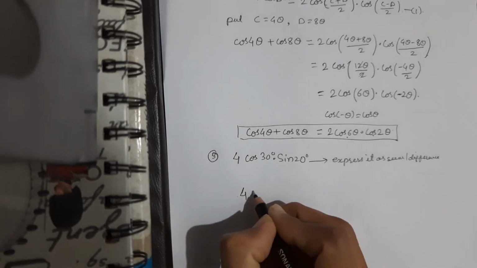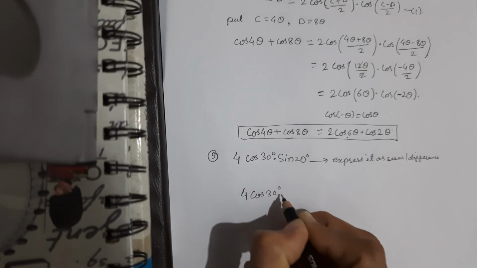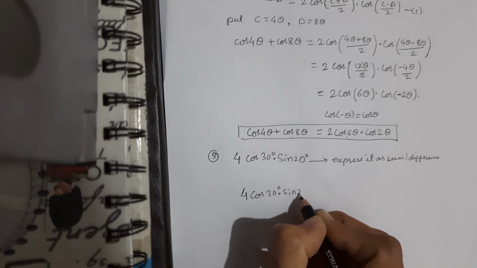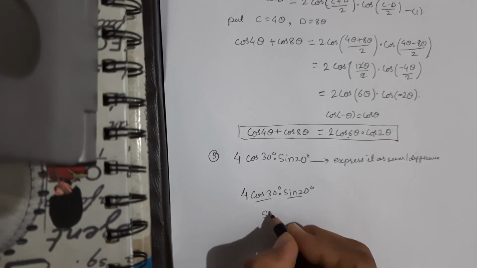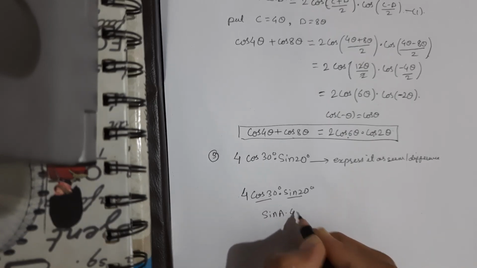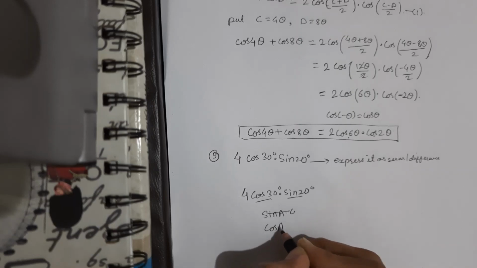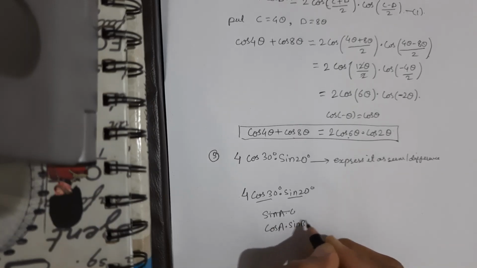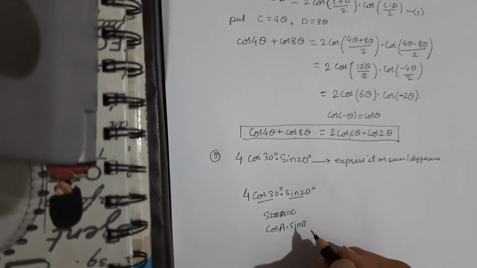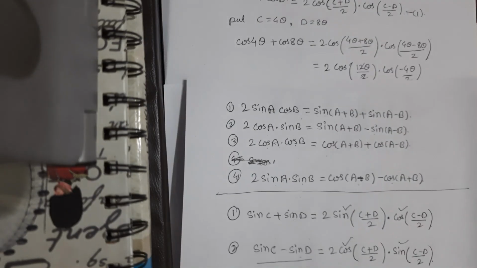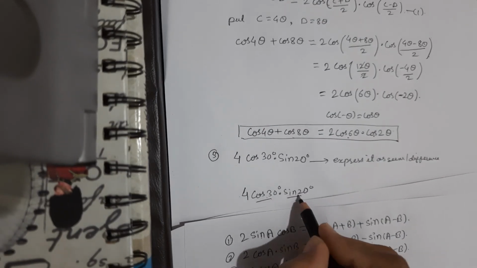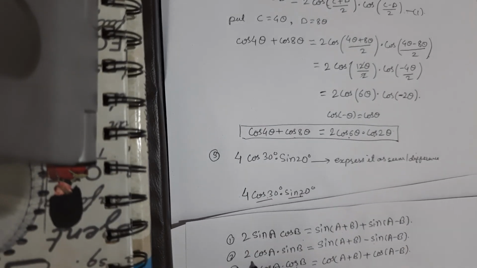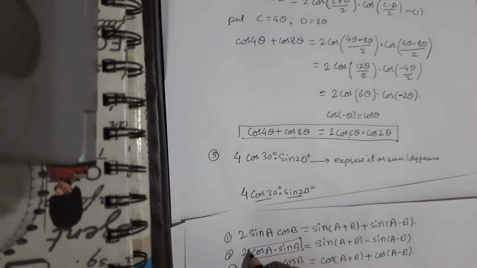I have 4 cos 30 degree multiplied by sin 20. One thing is clear: I need to find a formula where I have cos A into sin B. So I'll search in this defactorization formula for cos A into sin B. This is what I will use.